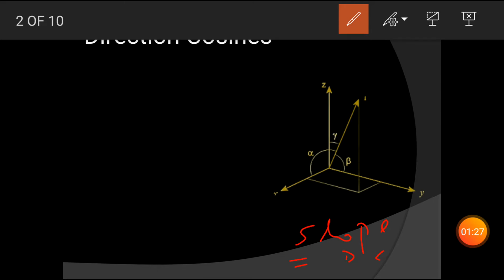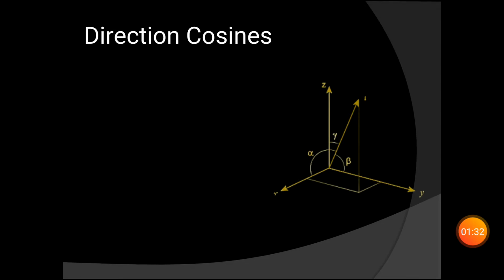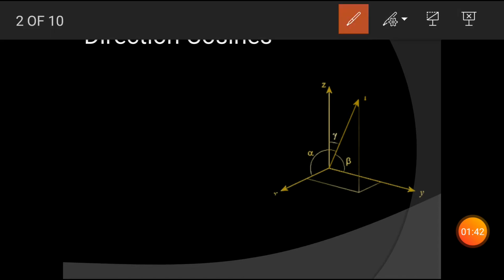Okay. So, now you start seeing what it is. Actually, what is the meaning of direction cosines? As we are talking about three-dimensional geometry, it means there are three axes: x-axis, y-axis and z-axis. And this one is a vector. This vector is making alpha angle with the x-axis, beta angle with the y-axis and gamma angle with the z-axis.